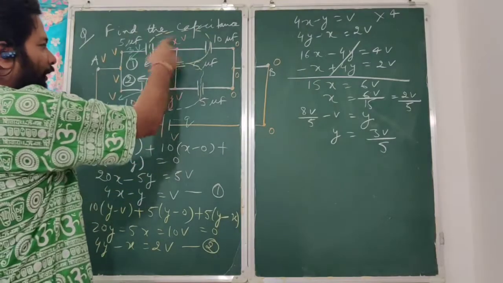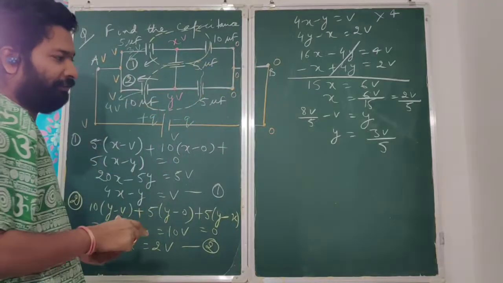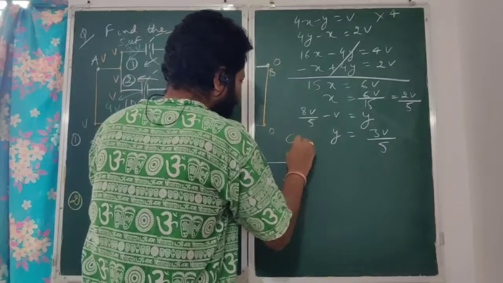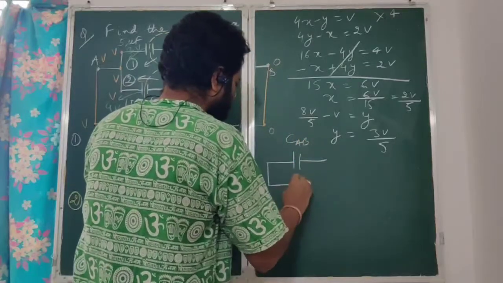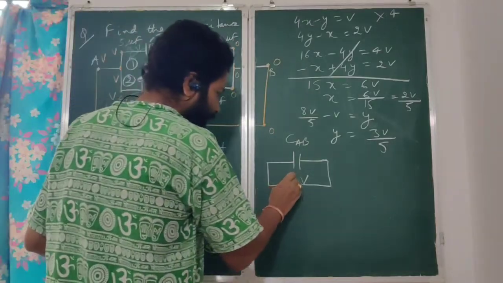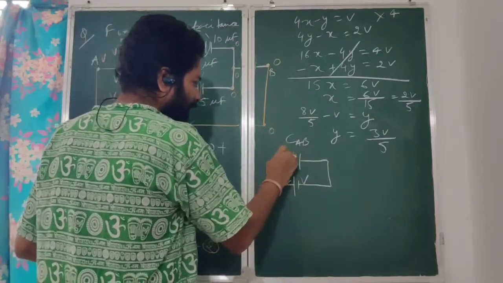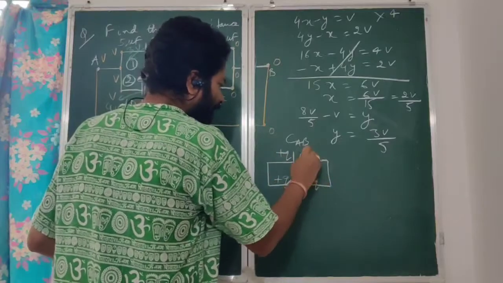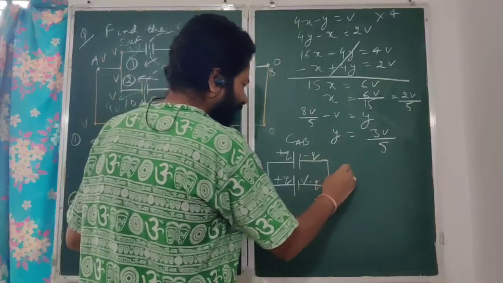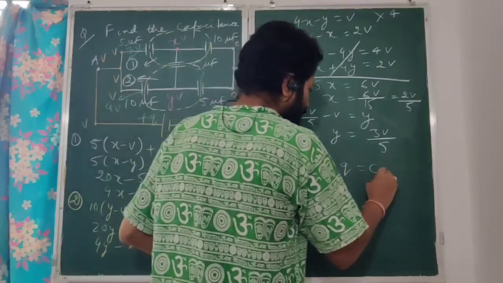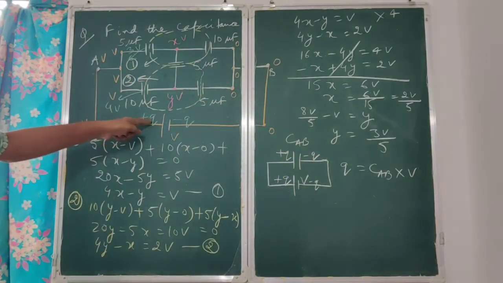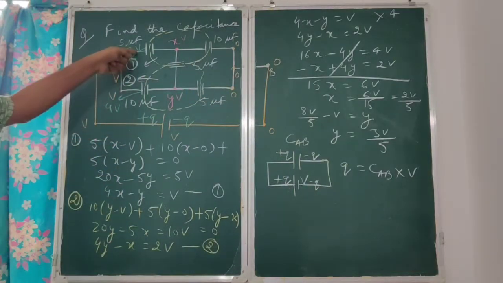So let us say the equivalent capacitance across A and B is C_AB. Can we redraw the circuit like this? You have a battery V. It is supplying Q charge. Here minus Q. So can we write Q is equal to C_AB into V, and here we are getting Q is equal to 4V plus 3V.